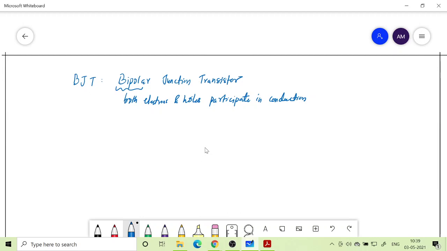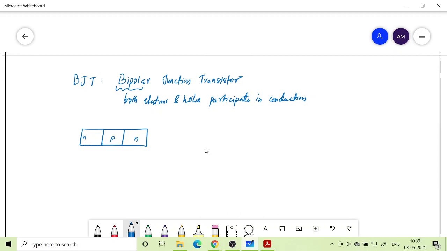So if I draw the diagram of the structure of this device, then you can have three combinations. One is the NPN transistor.